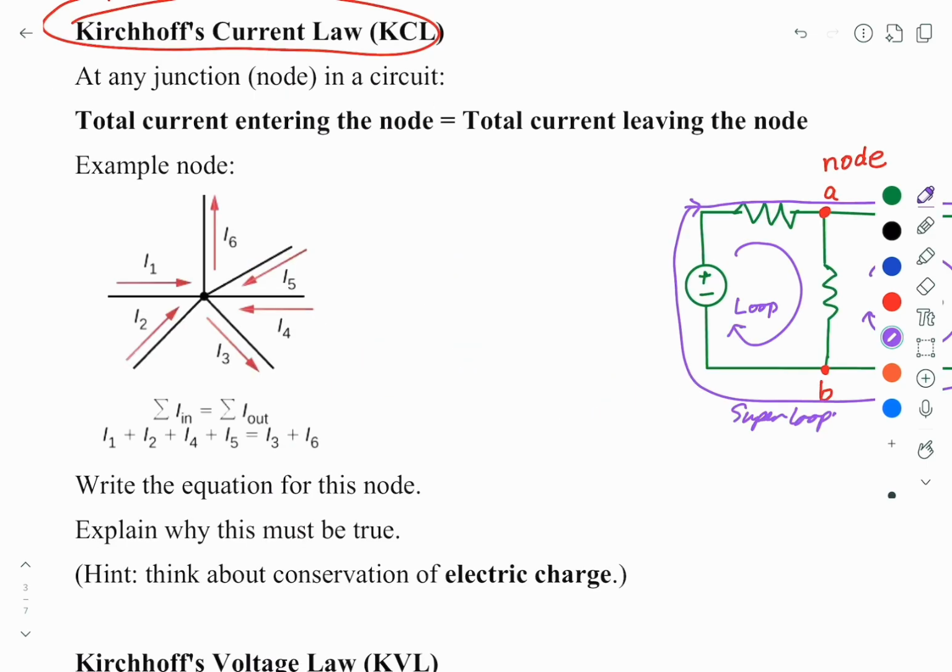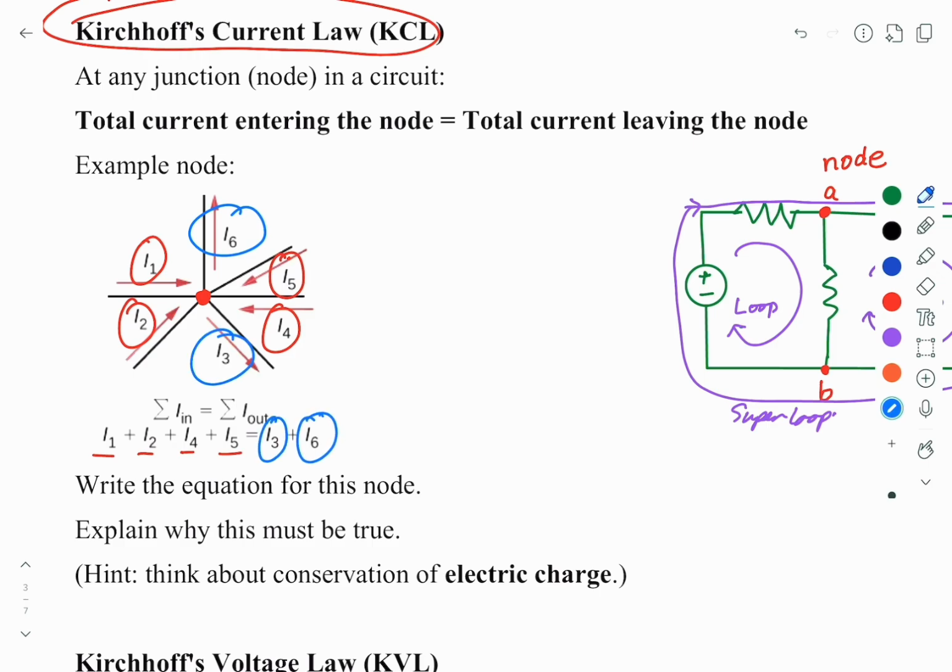First, let's look at the Kirchhoff current rule. The Kirchhoff current rule says, if this is a node here, the current flowing in, so in this example 1, 2, 4, 5, is equal to the sum of the current flowing out. So in this case, it is 6 and 3.